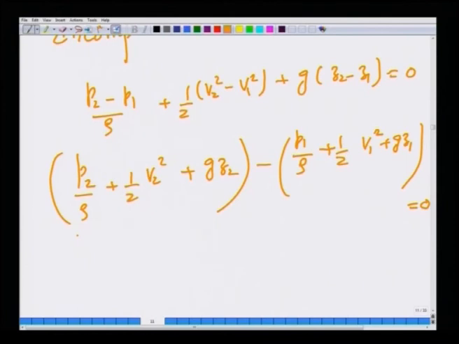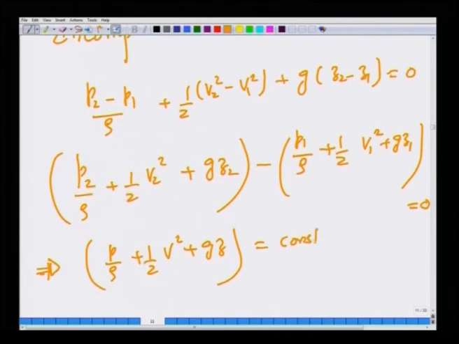Since points 1 and 2 are arbitrary, all this means is that P by rho plus half V squared plus g Z is a constant along a streamline.